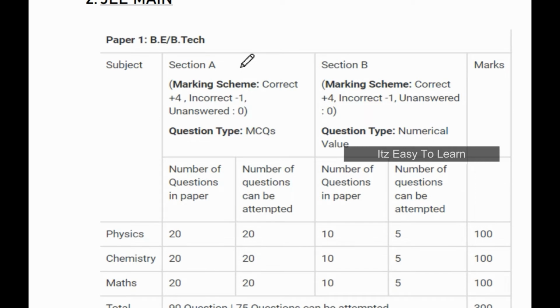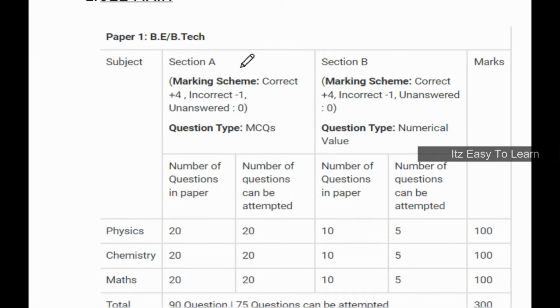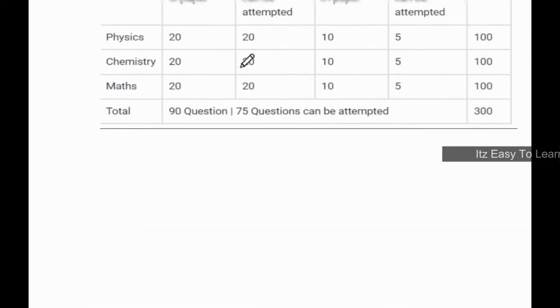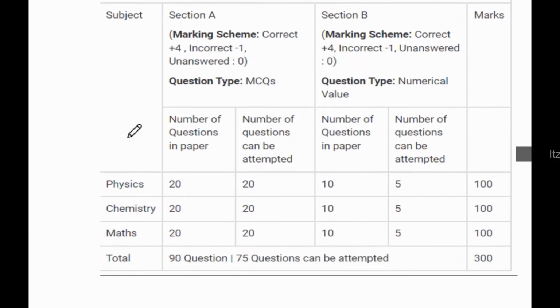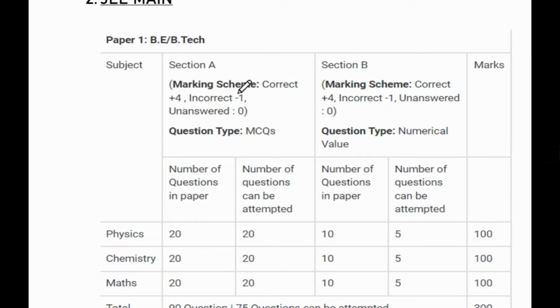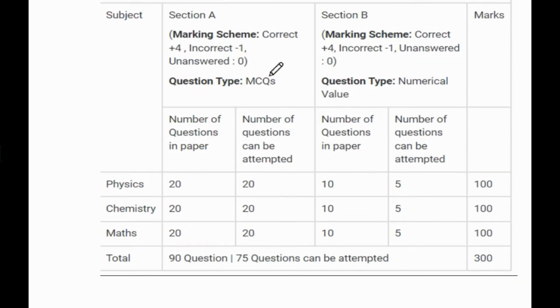So there are 2 papers in JEE Main, paper 1 for BE BTech, and paper 2 for architecture. Firstly there are 2 sections, and in section A, the marking scheme is +4 for a correct answer and -1 for an incorrect answer, and the type of question will be MCQ.